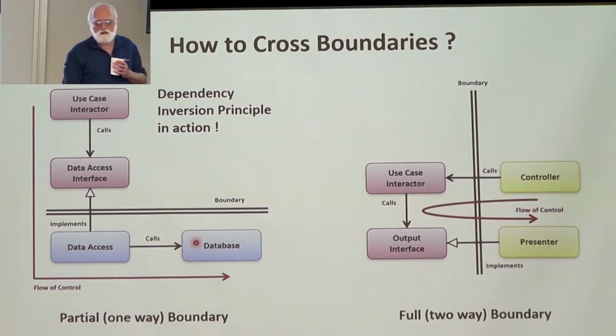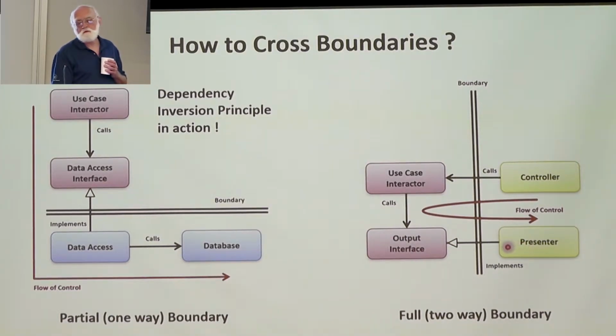A more complex case is the two-way boundary. Here we see that the controller can call the interactor directly, but the interactor cannot call the presenter directly. So what you do is you define an output interface in the use case implementation, and the presenter implements it.